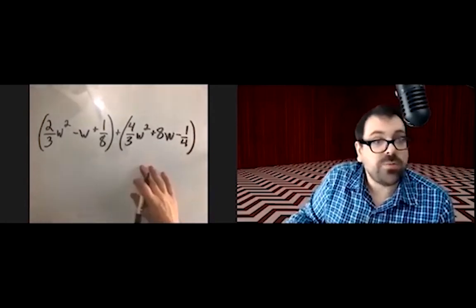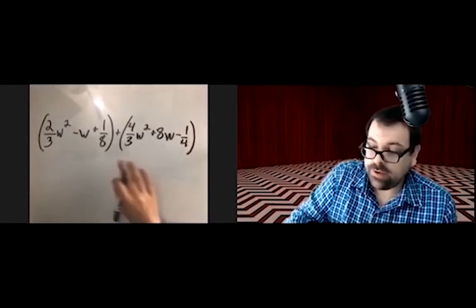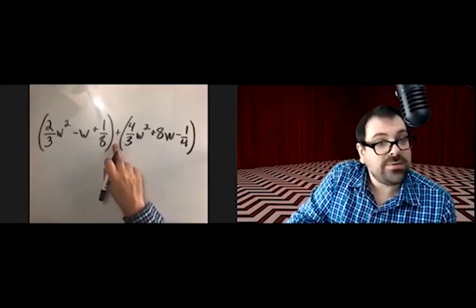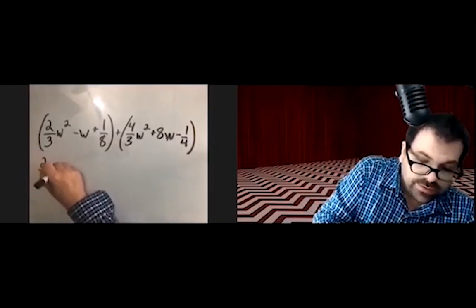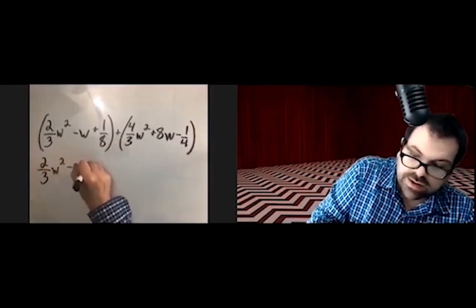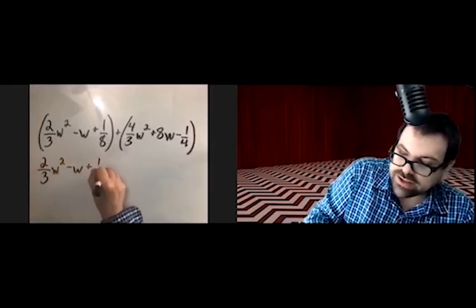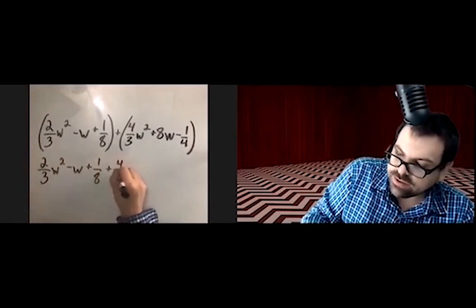We're adding 2 trinomials. Since we're adding, our special rule is just drop the parentheses. And then it just becomes adding and subtracting like terms.